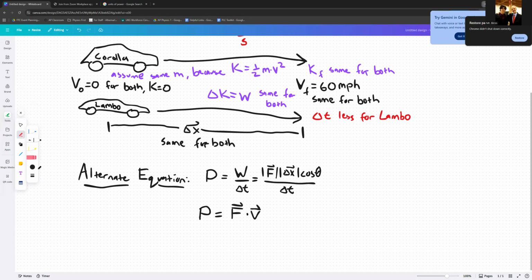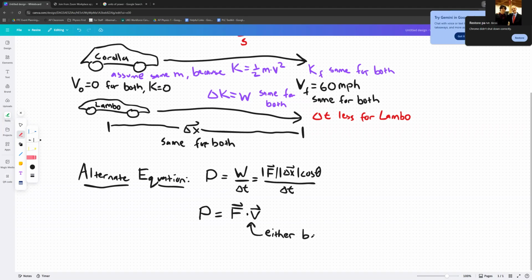Now, that is a simple equation, but there's a few things we kind of left out from what we had up here. The first is displacement over time is technically an average velocity. So this needs to be one of two things.